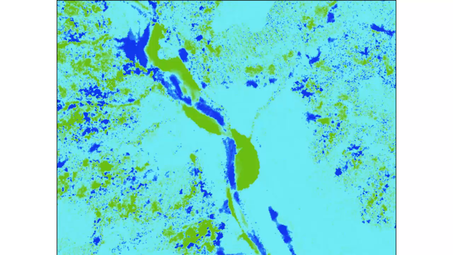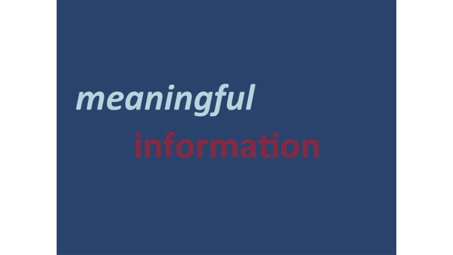So it's really altered that landscape in this area. And we can now take this information and come up with volume measurements, like I showed before with the landslides. We can also map that stream and look at the horizontal changes in it and create maps. And ultimately, from these maps, that's where we get that meaningful information.